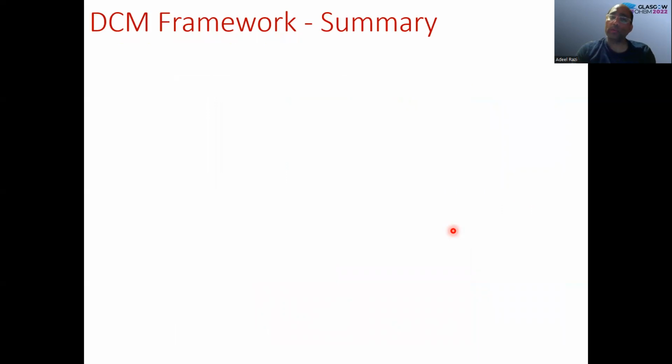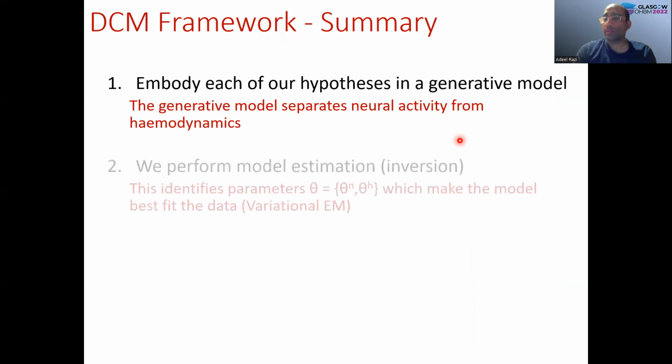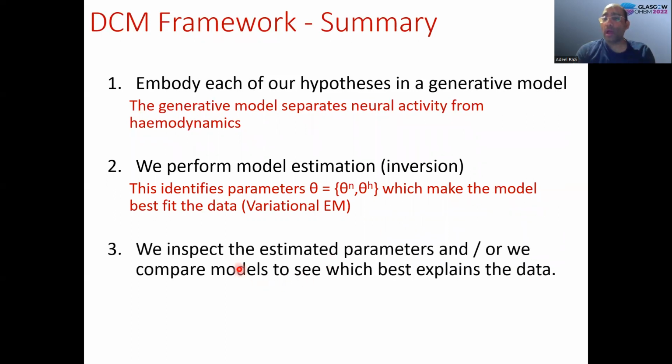So, a quick summary. Each model can be thought of as a hypothesis, so you embody your hypothesis in a generative model. This generative model allows you to separate the neural activity from hemodynamics. Then you perform an inversion, so you fit each model to the observed data. When you fit a model, you get the model parameters and also something we call the model evidence, and you use this model evidence to decide which model is better.